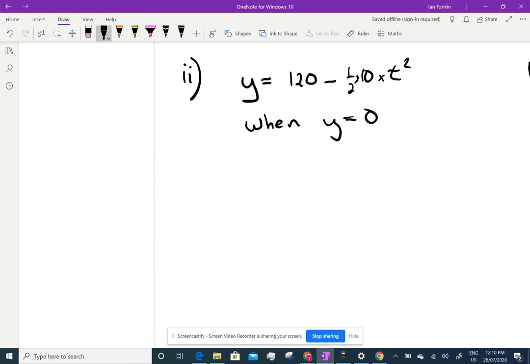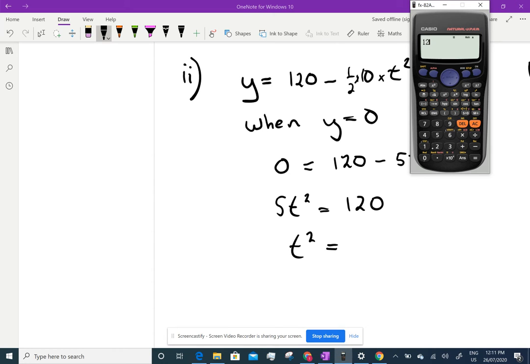So we go 0 equals 120 minus 5t squared, because a half times 10 is 5. Take the 5t squared over the other side. 5t squared equals 120. t squared is 120 divided by 5. I'm not going to take the risk of getting that wrong, so I'm going to use my calculator. 24.